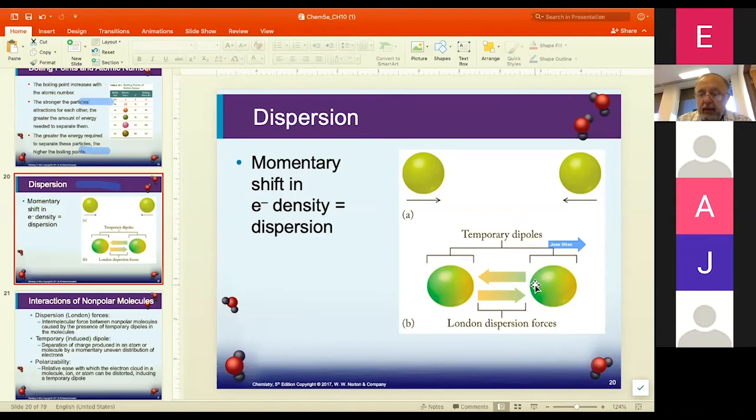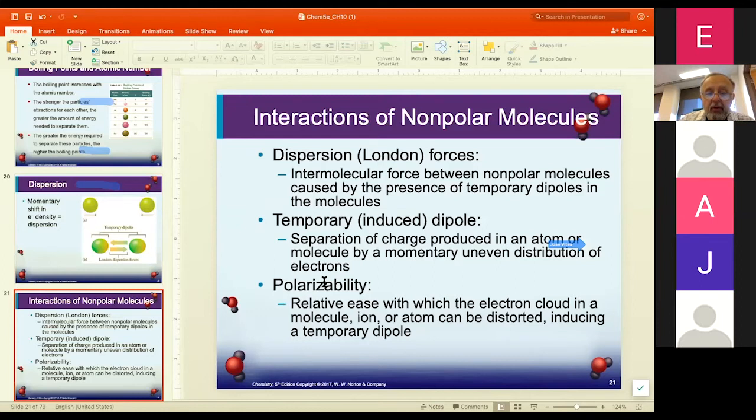And so this part being positive is going to attract the electrons from this side, and vice versa. Those are the London dispersion forces, and they are the smallest of the intermolecular forces.